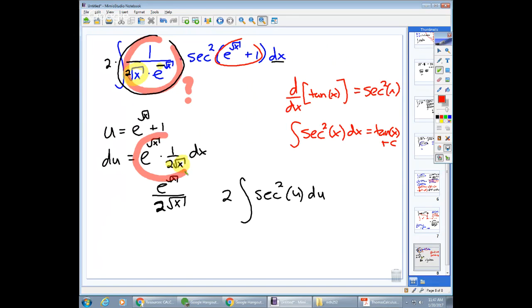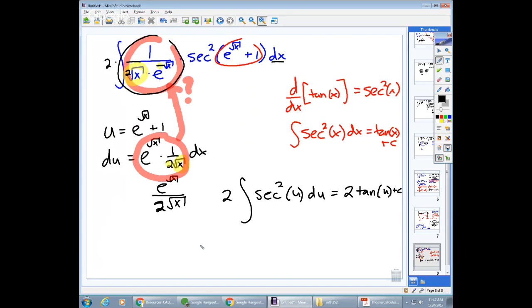Because this right here is the same as that right there. Yeah, I think we nailed this. This makes me feel better after failing to solve that other one. So it looks like we have twice the tangent of u, and then plus the constant.